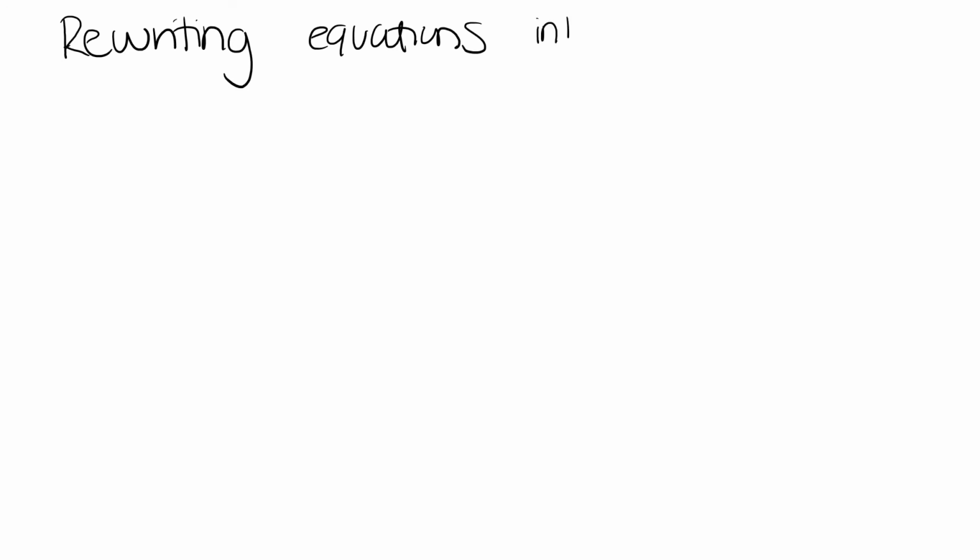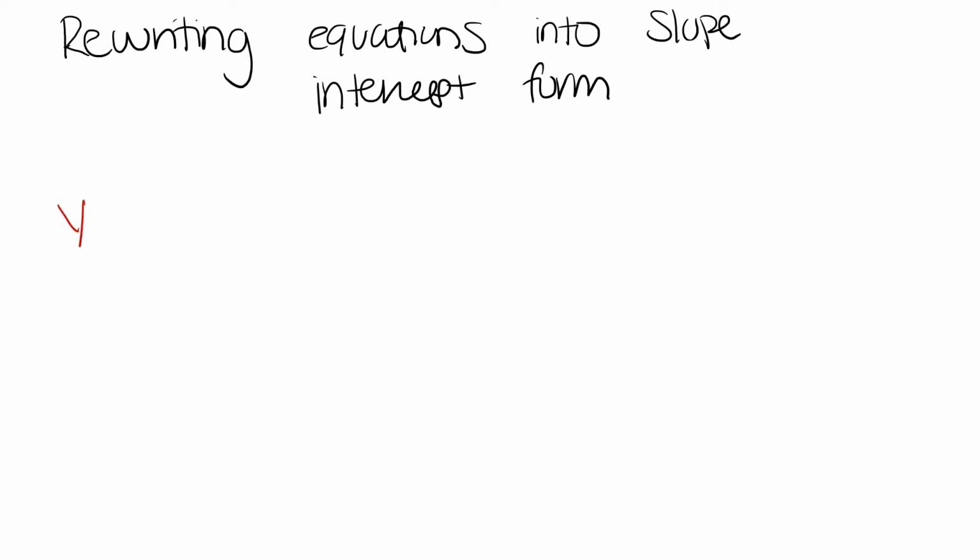For the next part of this video, we're going to be taking equations and we're going to be rewriting them into slope-intercept form. As a reminder, slope-intercept form is y equals mx plus b.